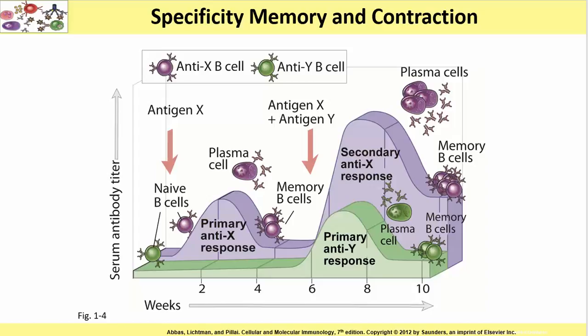But the point here is that with the primary response taking 10 days to maximize, the person gets sick. The next time there's an exposure, the response is so rapid and so strong that the person doesn't get sick.